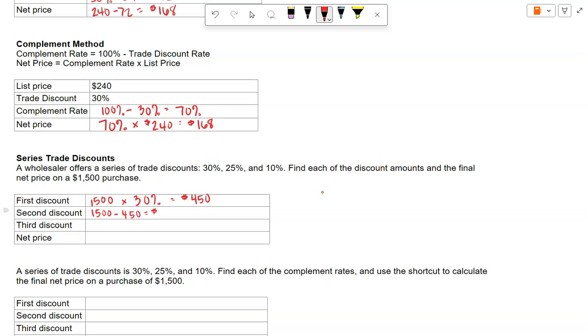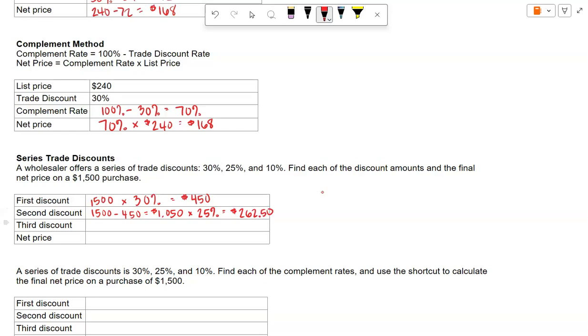That's going to give me $1,050. Now that I have my net price here, I need to multiply that by my second discount, which is 25%. So 1,050 times 25% is $262.50.